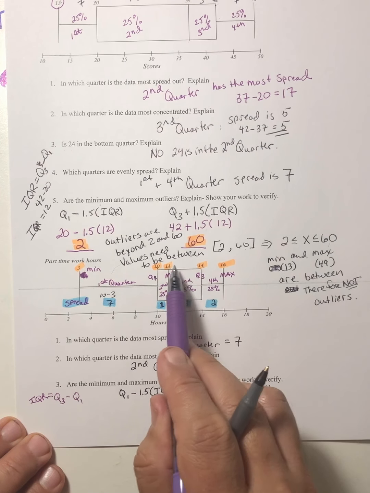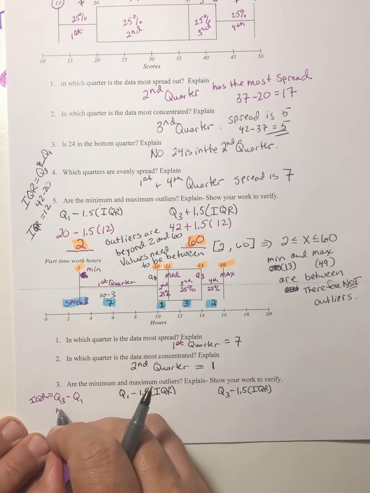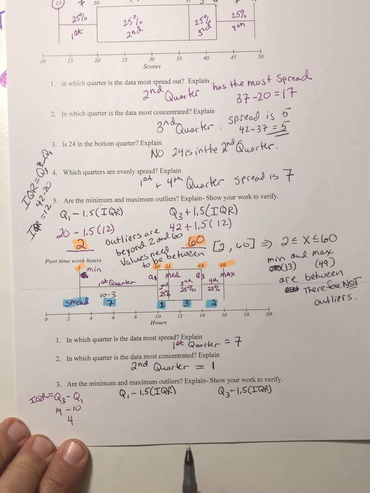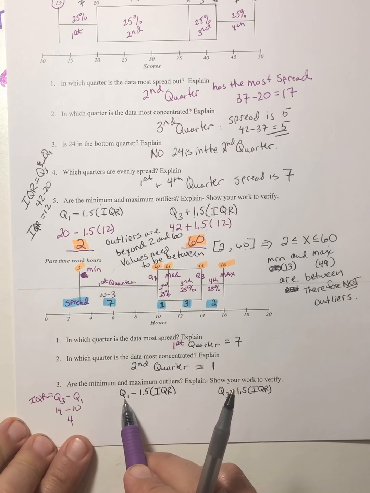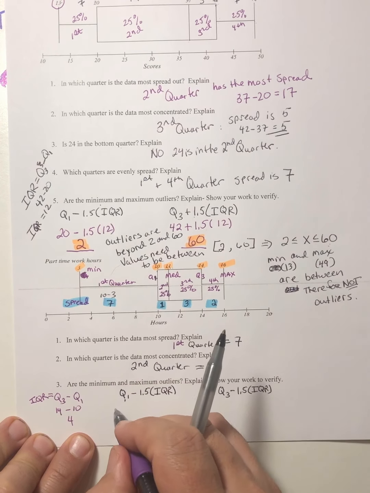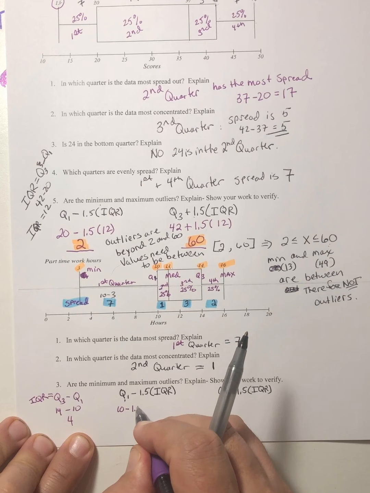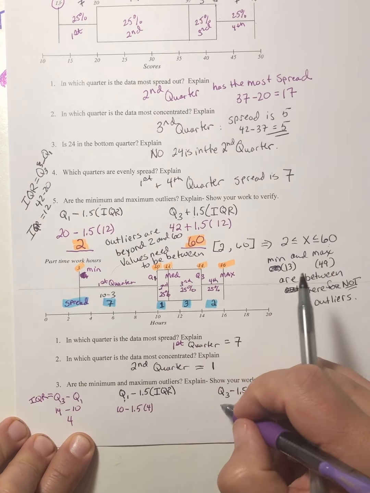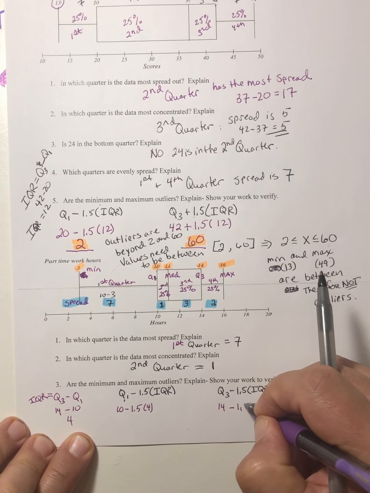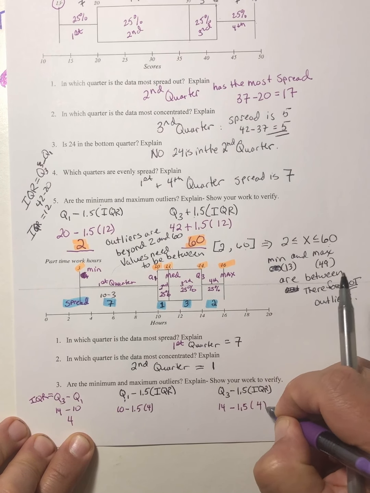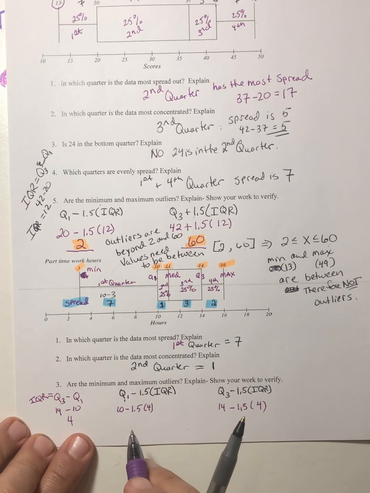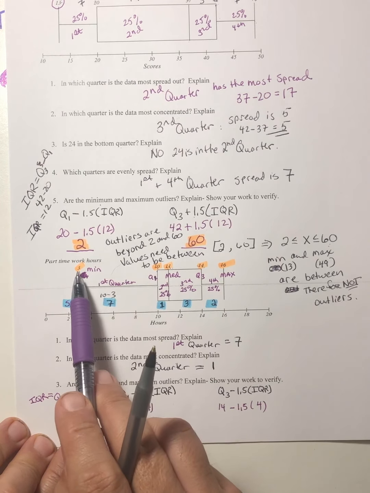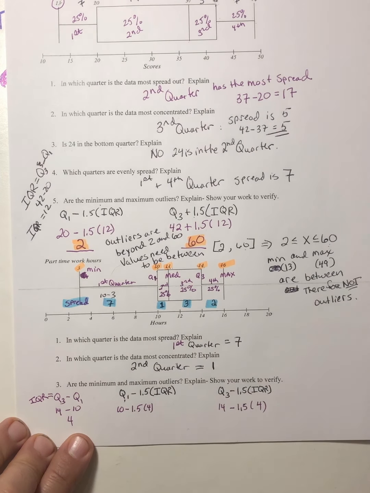So we have 14 minus 10, which is 4. So for Q1, 10 minus 1.5 times 4. And over here we have 14 plus 1.5 times 4. Once we figure out the minimum value and the maximum value, all we're going to do is look at our min and max here and see if we're beyond.